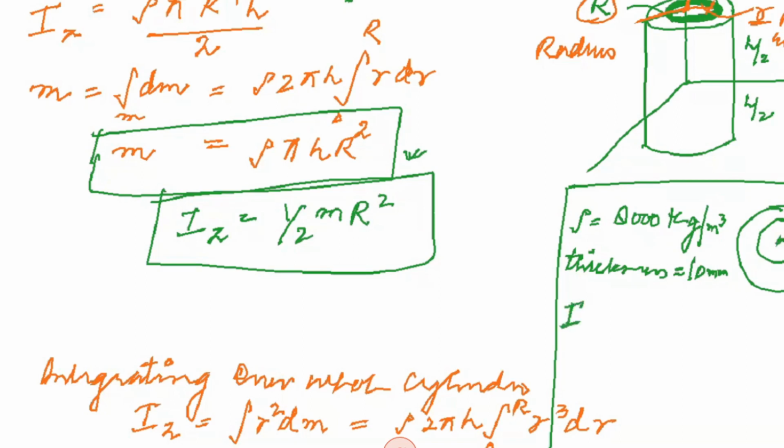We have to find out the mass moment of inertia about an axis which is perpendicular to the page, and it is passing through the point O. Now, where is that O?